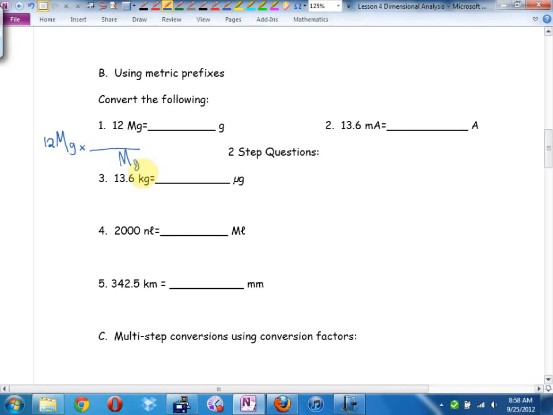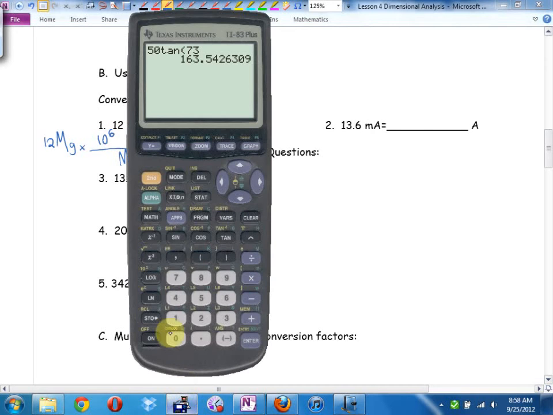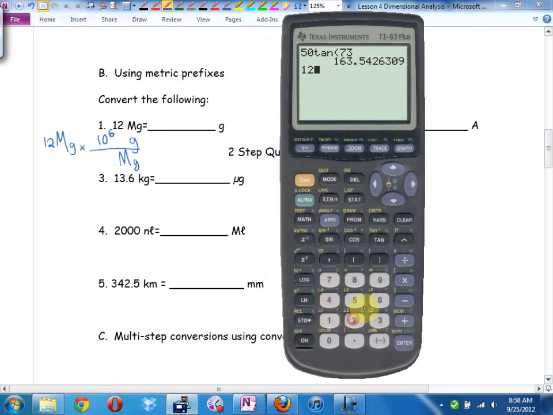What units do I want left behind? So I want that on the top. Then I go hunting a conversion factor. I have no idea what the power of 10 that goes with mega is. 10 to the what? 10 to the 6th? So on my calculator, I would go like this. 12 times 10 to the power of 6.